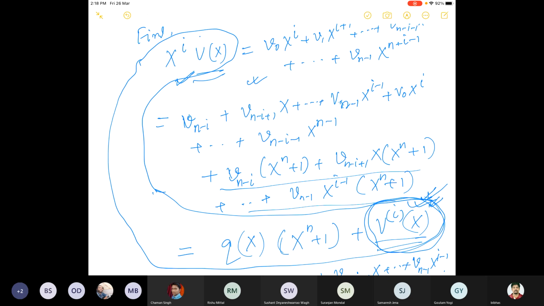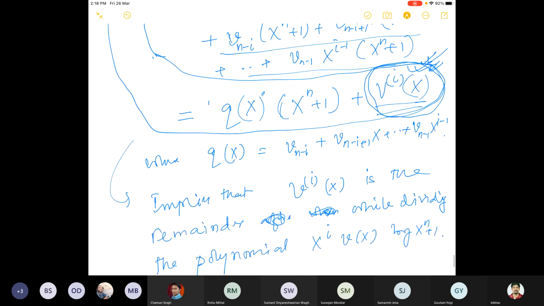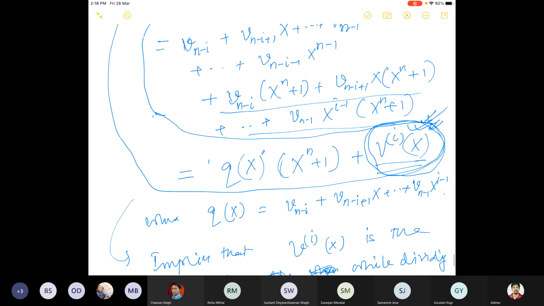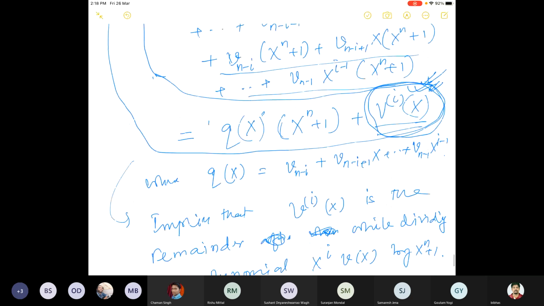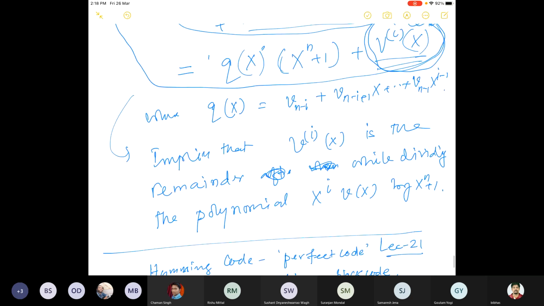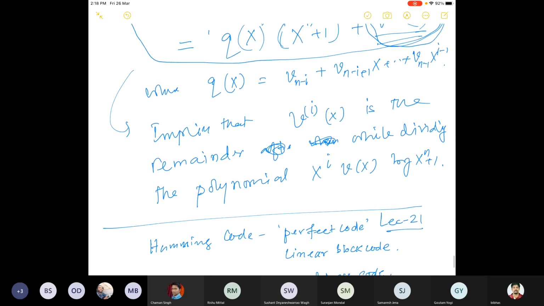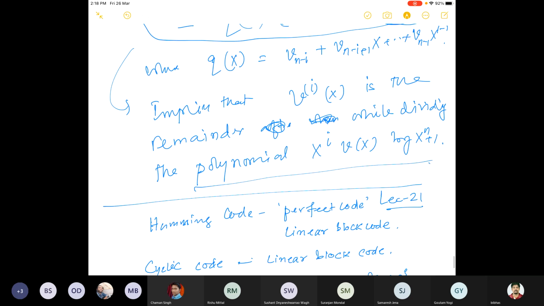This is how they are related: x to the power i times v(x), where v(x) is the original polynomial, would be equal to q(x) times x to the power n plus 1, plus v to the power i of x, and q(x) is again a polynomial. This is just a quotient, as if you are dividing this polynomial by x to the power n plus 1, and then this is the remainder. This is what we said.